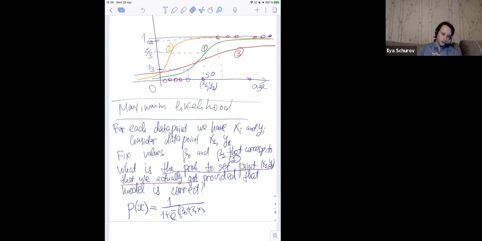I can actually erase the other two curves. And my question is, what is the probability to get the point x1, y1, this point?